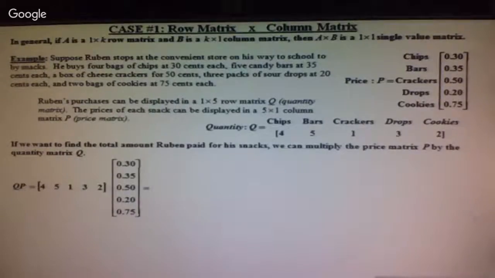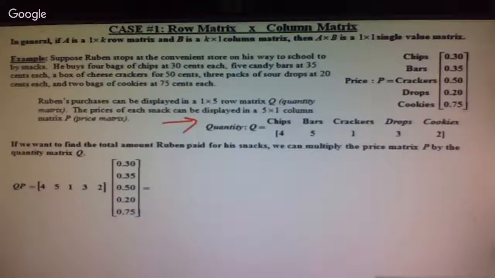So, we create what we call a row matrix, which we've talked about, of all of the quantities of things that he bought. He bought 4 bags of chips, so we put a 4. 5 candy bars, we put a 5. 1 pack of crackers, it's a 1. 3 drops, 2 cookies. So, what size is this quantity matrix?